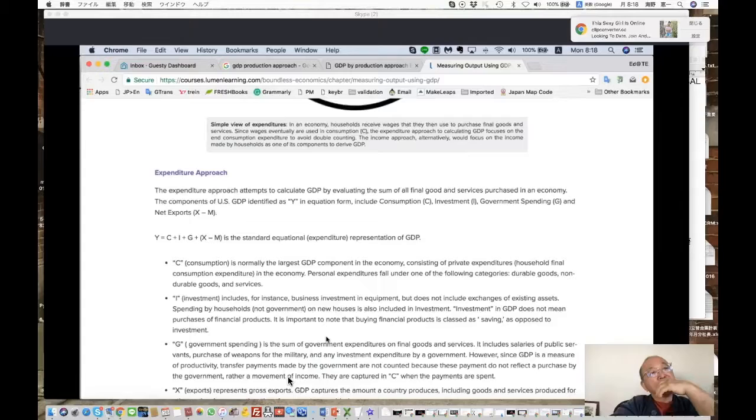If we agree that we don't want to double count, then let's say we only measure the final products being purchased by the consumer. Nothing that goes from company to company, not that they don't add value, but it would mean that we count things double.